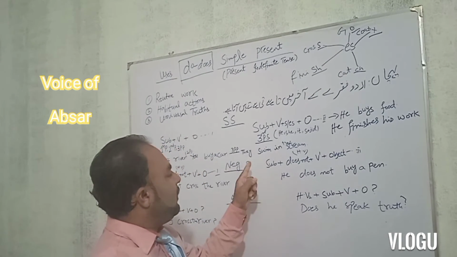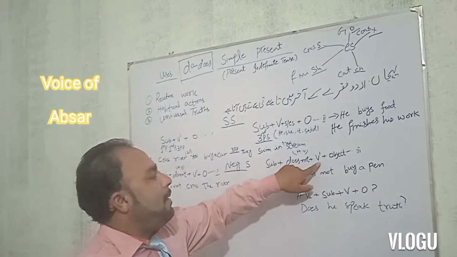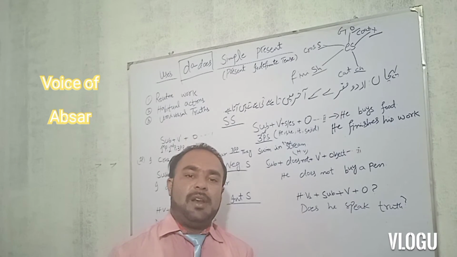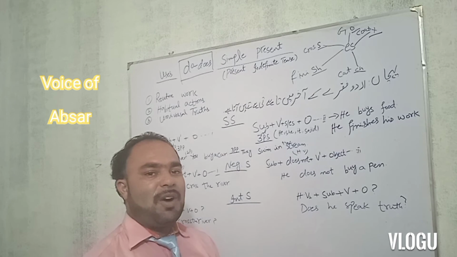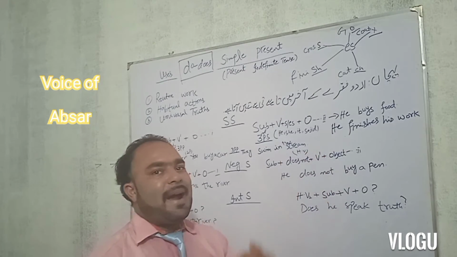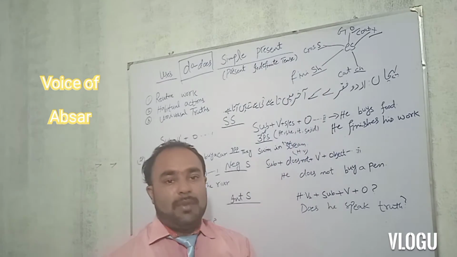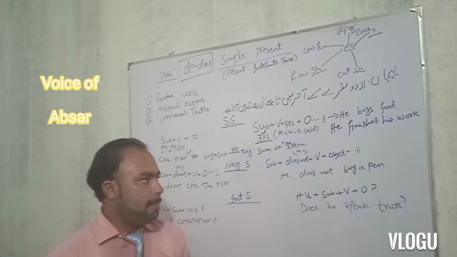But in this case, we use subject plus does not plus the first form, the original form of the verb. Now we will erase the S or ES that was at the end of the verb, so the first form of verb and object.